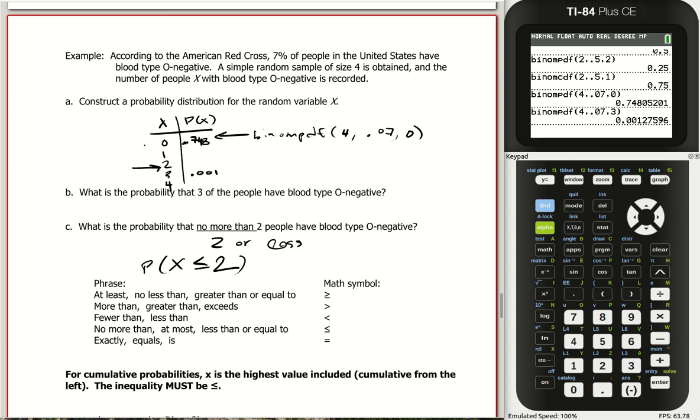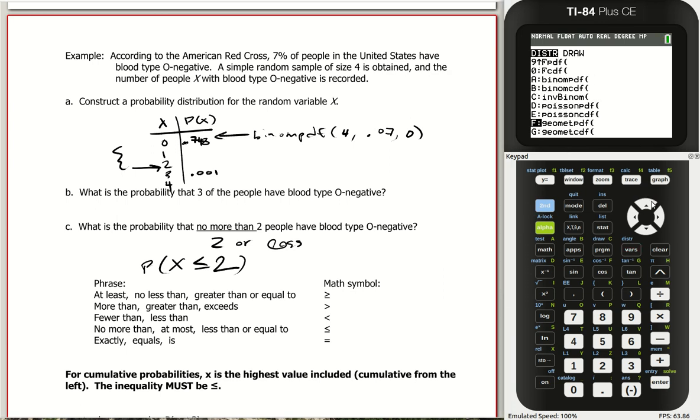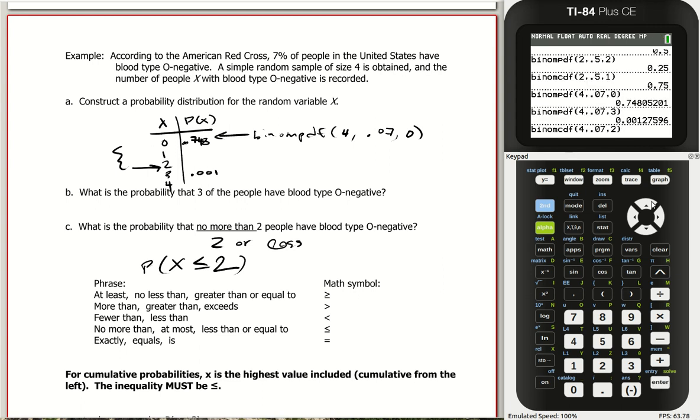Well, that's convenient because adding up from 0 up to some number is accomplished by binomial CDF. So we can just go in there and go second distribution, binomial CDF, and then it goes 4 trials, 7% chance that they are type O negative, and we want to go up to 2, but not past 2: 0, 1, or 2.